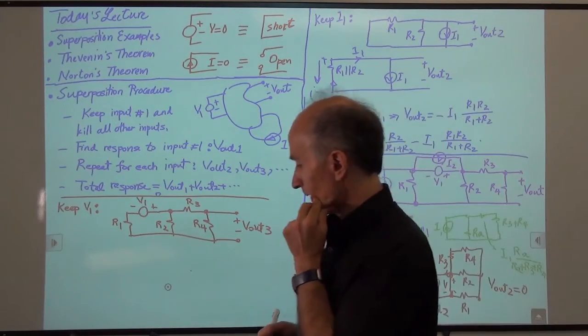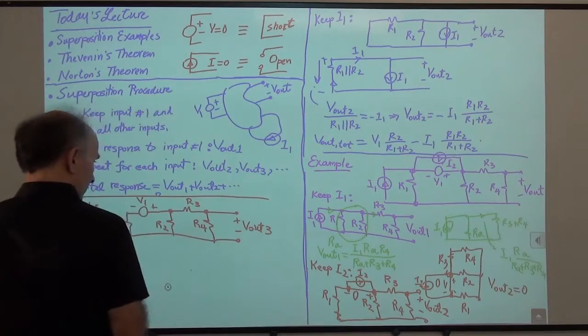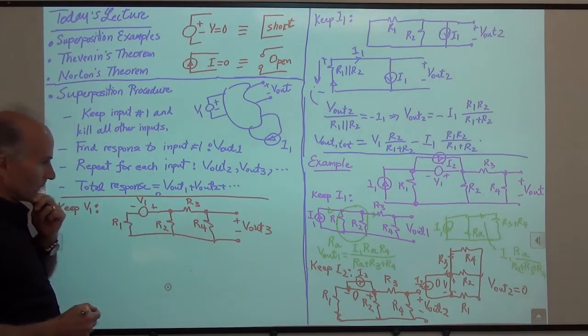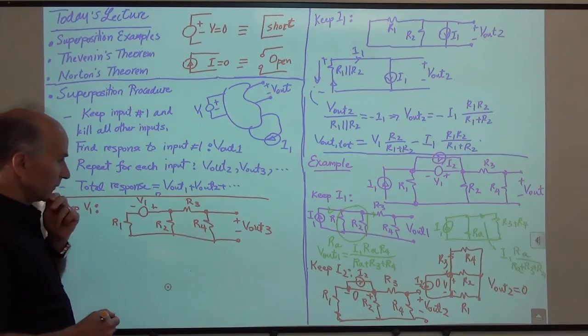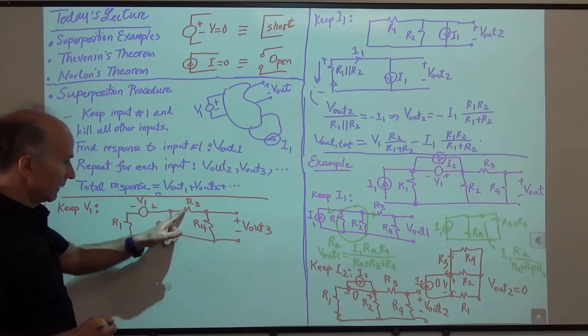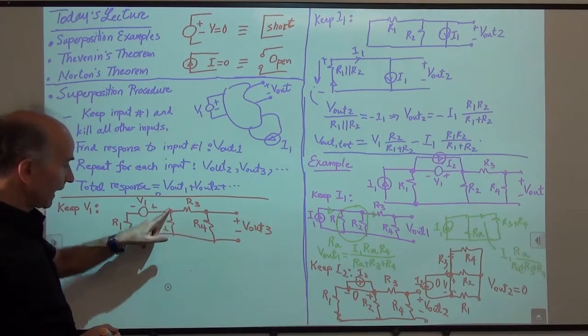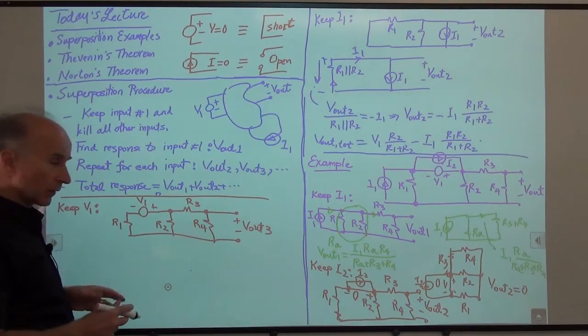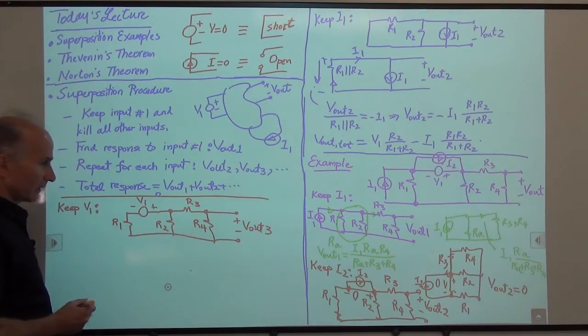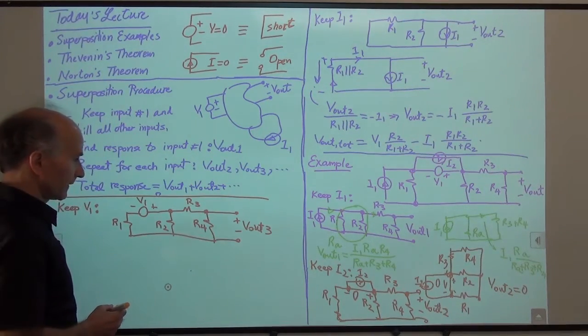It's not that easy to simplify the circuit. We could try to simplify it, but it doesn't really help us much. We see that these two are in series and they're in parallel with this one. We could try to simplify, but we might as well just write some equations.